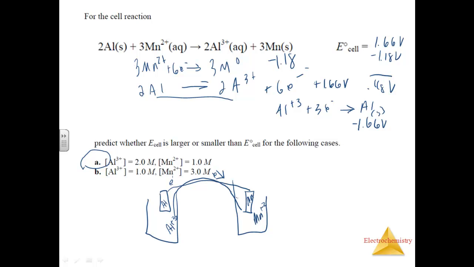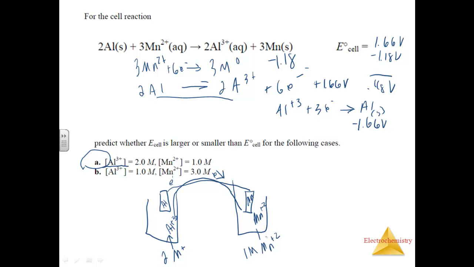So if I take this Al plus 3 and increase the concentration so I have 2 molar instead, and I have 1 molar of the manganese plus 2, what's going to happen here?